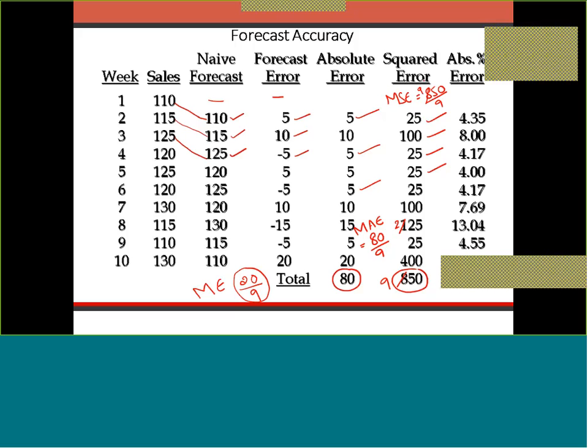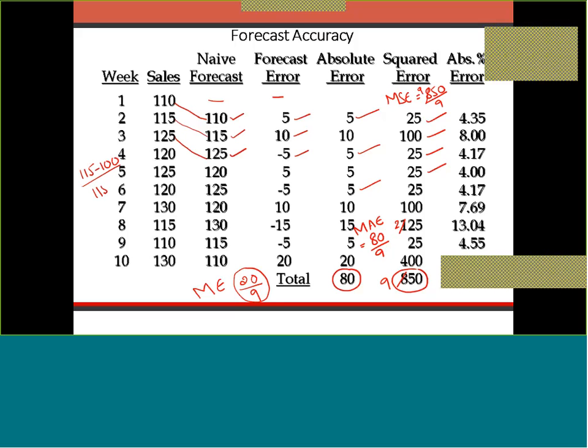Then absolute percentage error is an important point you should remember. What do you mean by absolute percentage error? You see here, you have to subtract 115 minus 100, actual minus forecasted by actual.